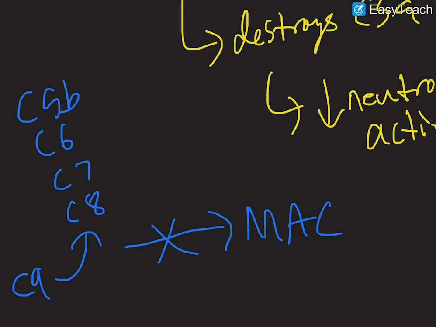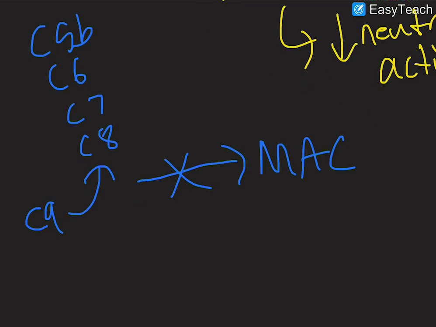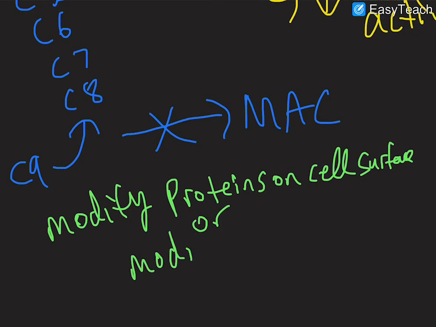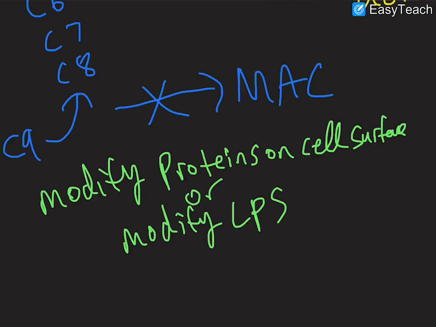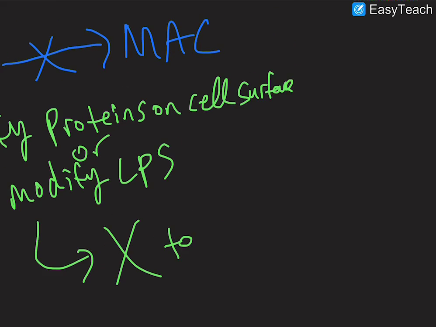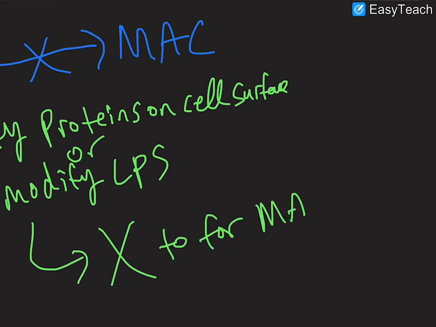So certain bacteria, like Neisseria gonorrhea and Salmonella, can modify their lipopolysaccharide layer, they can modify proteins on their cell surface, or they can modify their lipopolysaccharide molecules, which can lead to the inability to form the membrane attack complex.